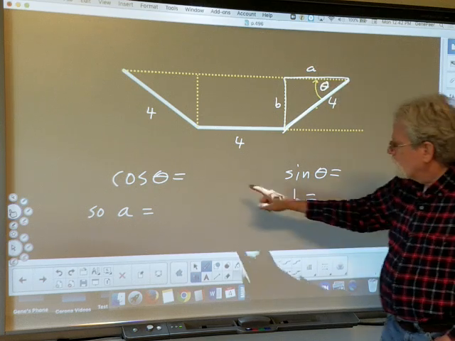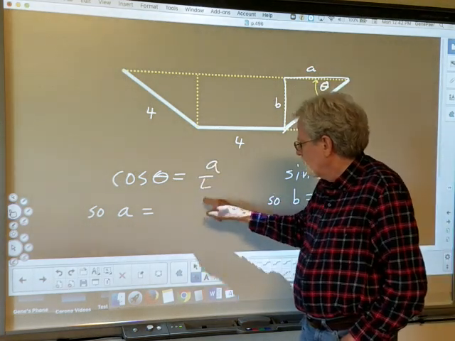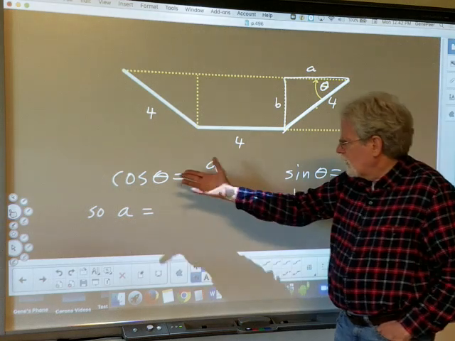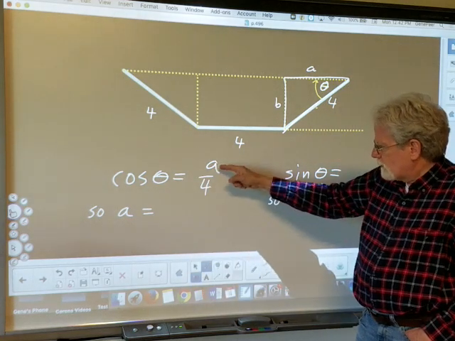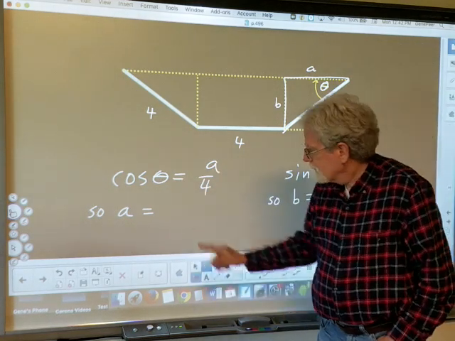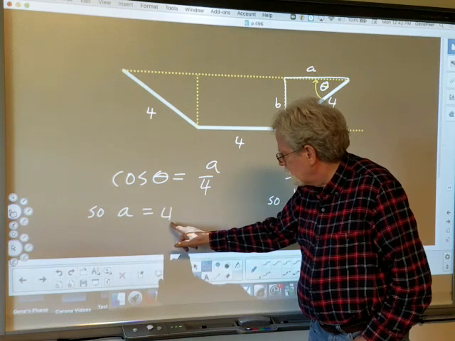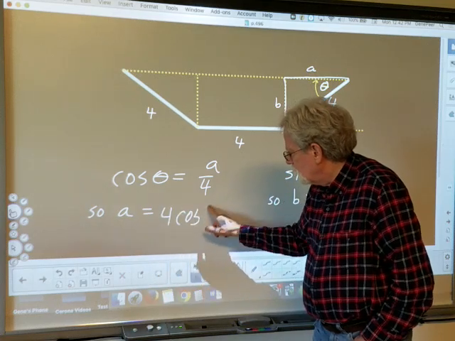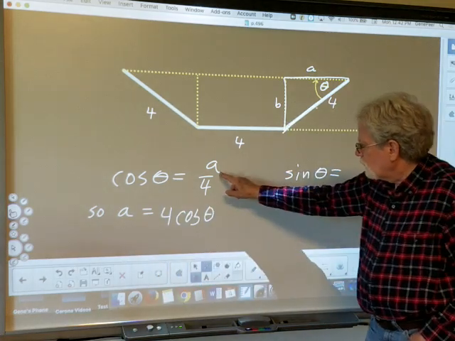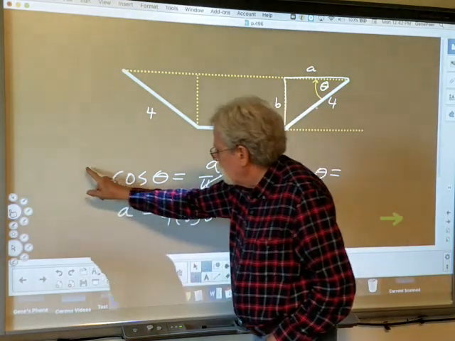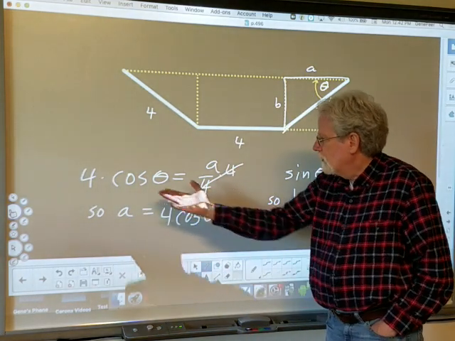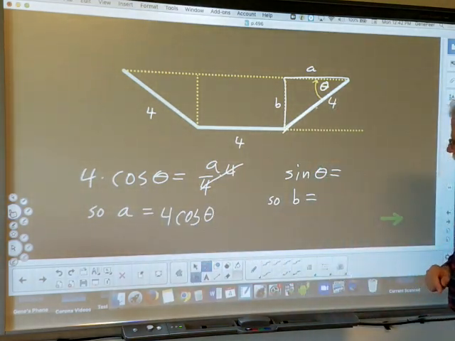That's a over 4. So if the cosine of theta is a over 4, then what's a? Well, multiply by 4. So a must be 4 times cosine of theta. We just multiplied by 4 on both sides. So a is 4 cosine theta.